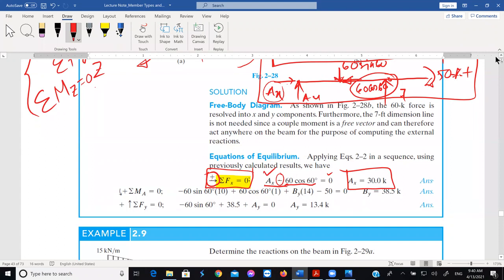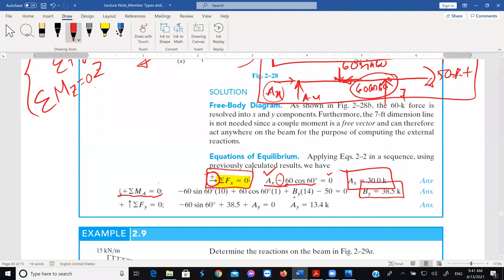At the same time, we want to apply the moment equilibrium at point A, so that we can know the vertical reaction at B. So what are the forces that are contributing to moment at A?